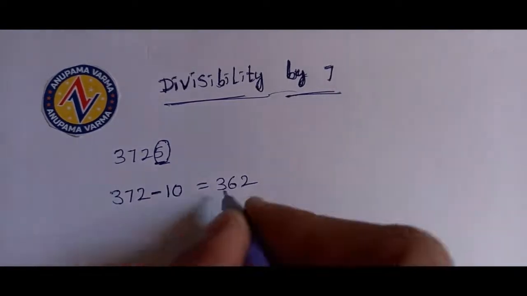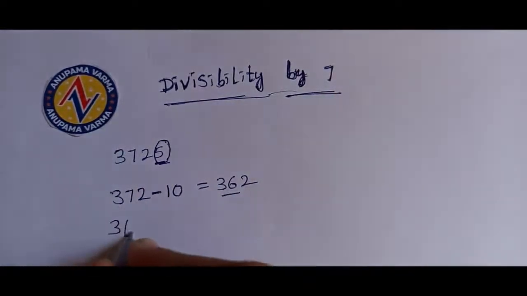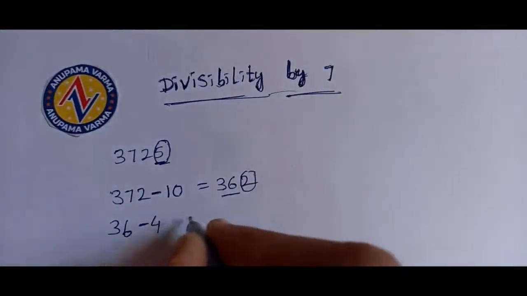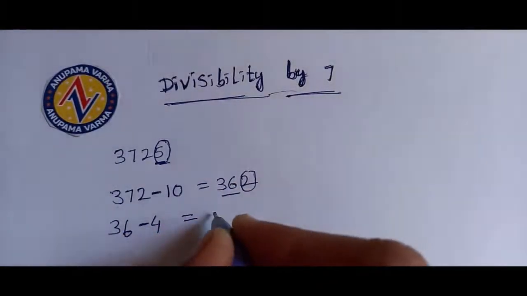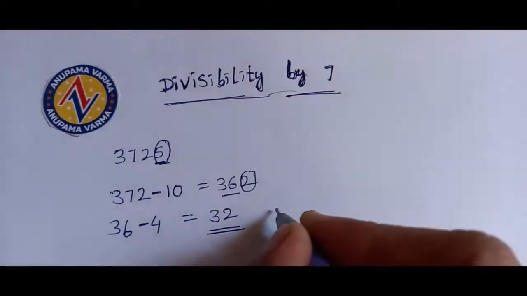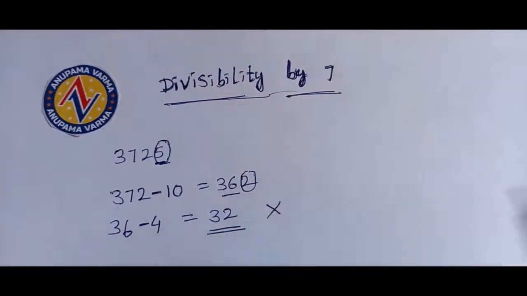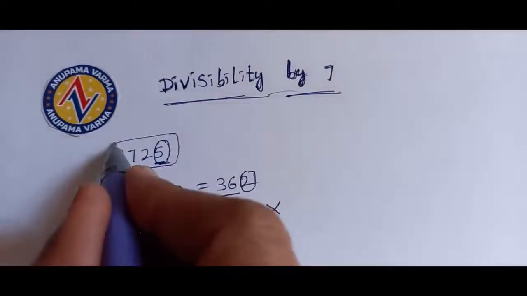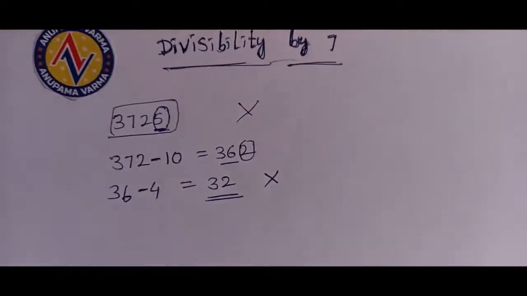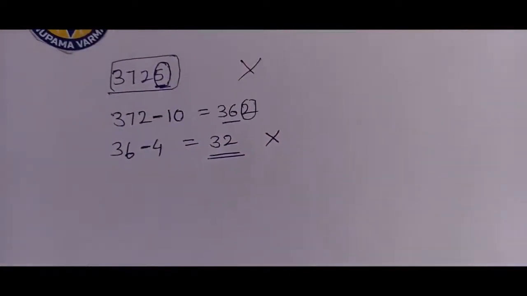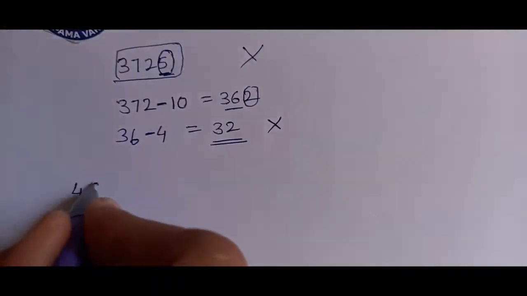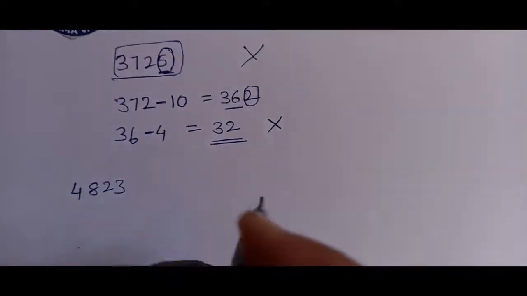Again we write 36 and subtract double of the last digit: 36 minus 4 is 32. 32 is not divisible by 7, so the entire number is not divisible by 7. Let's take one more example: 4823.